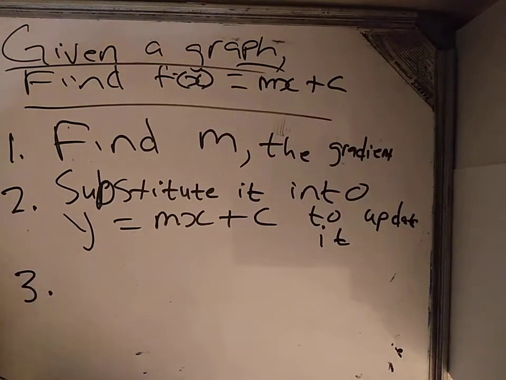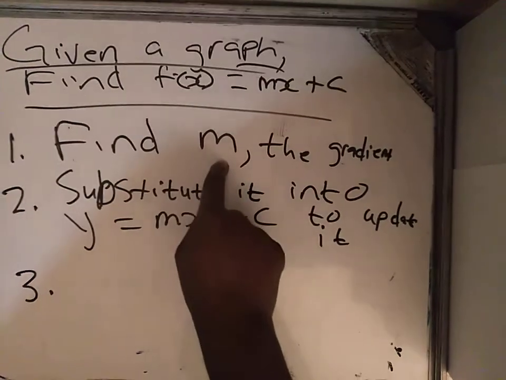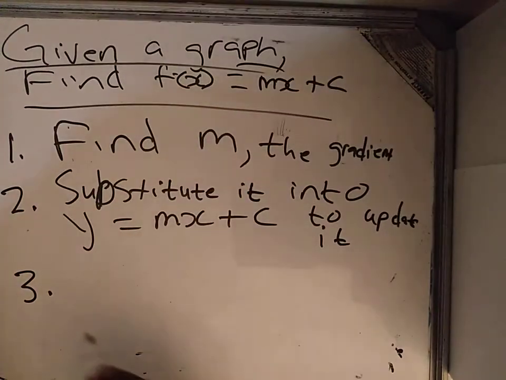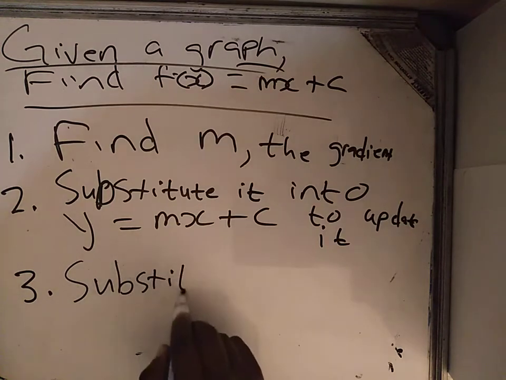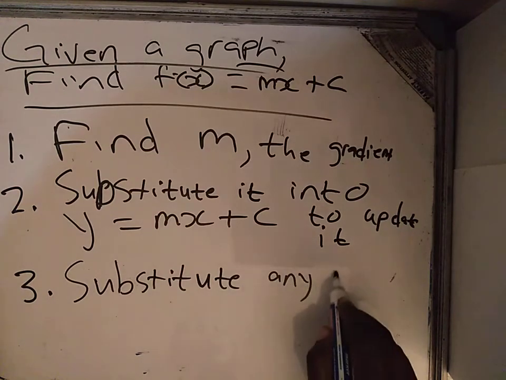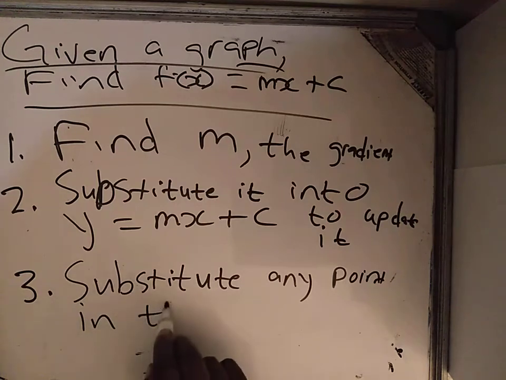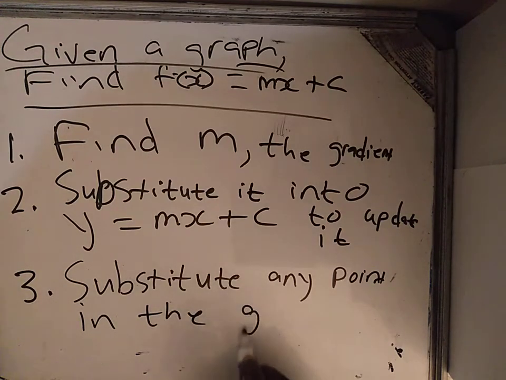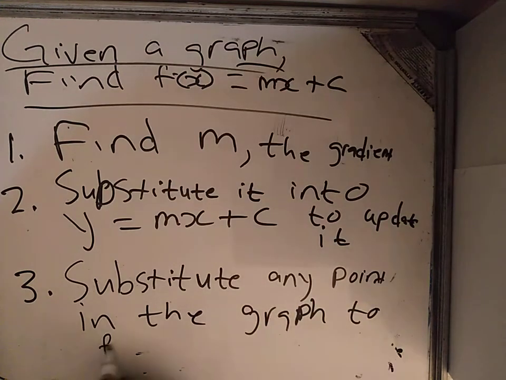Now step 3, so now you've got an updated y is equal to mx plus c, which no longer has m, but which has a numerical value because you've already found what m is. Now what do you do next? You substitute any point in the graph to find c.